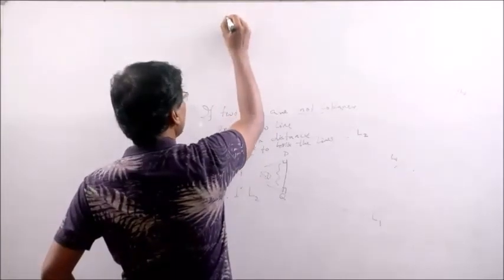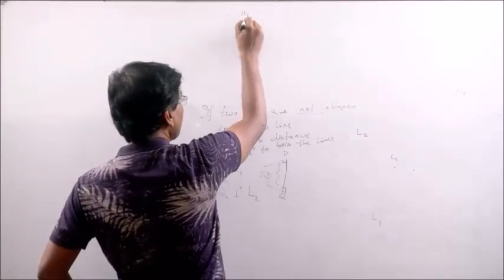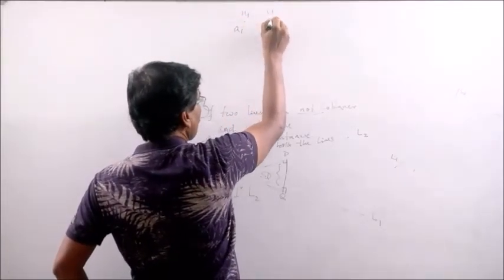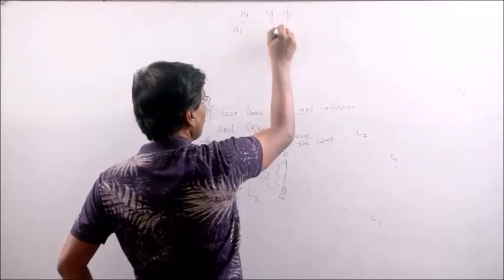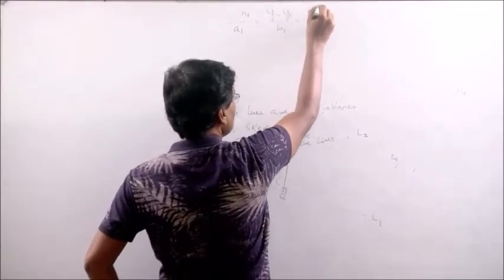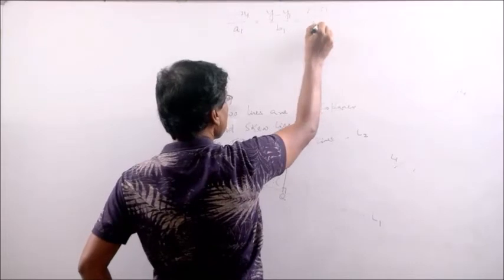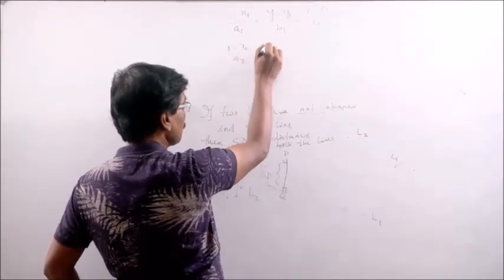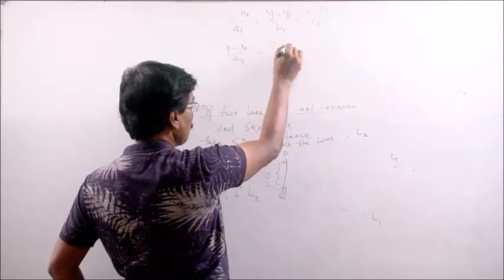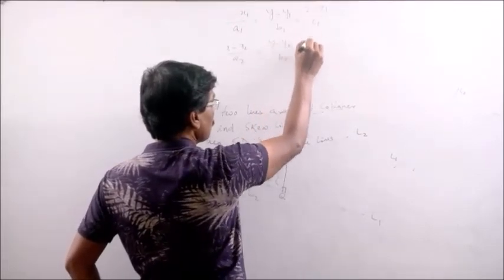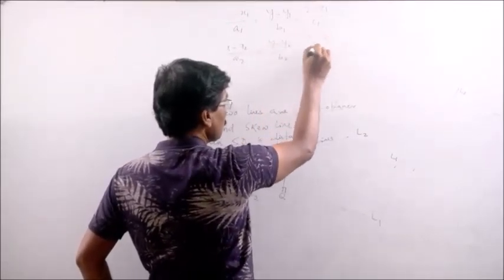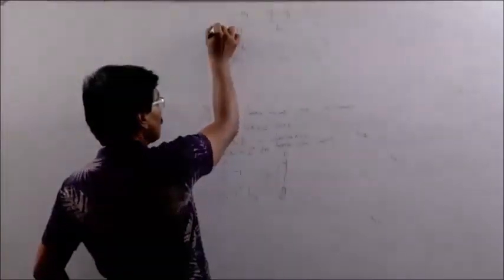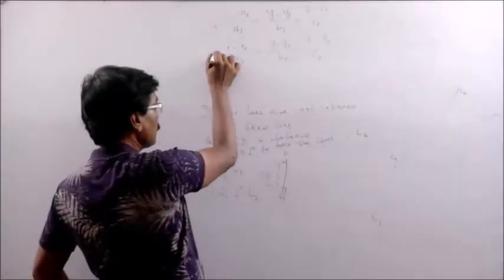Suppose these two lines are (x minus x1) by a1 equals (y minus y1) by b1 equals (z minus z1) by c1, and (x minus x2) by a2 equals (y minus y2) by b2 equals (z minus z2) by c2. Suppose these are L1 and L2.